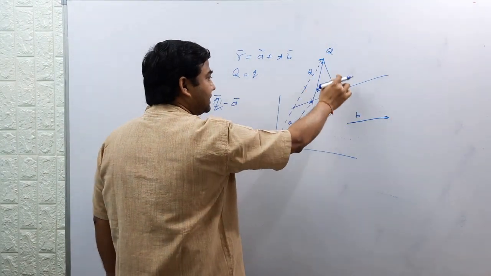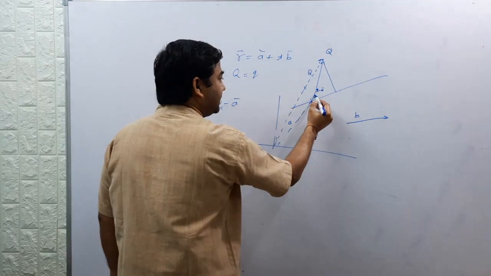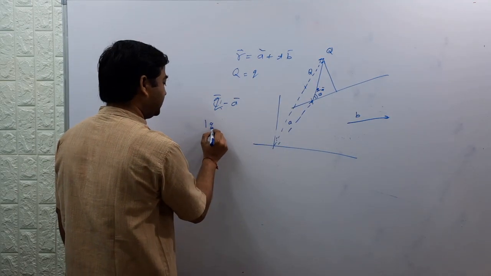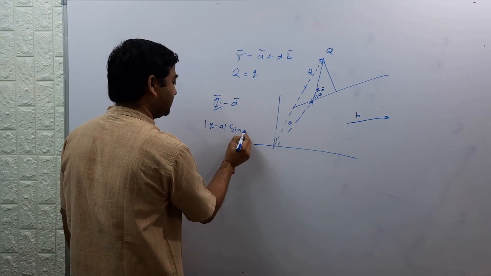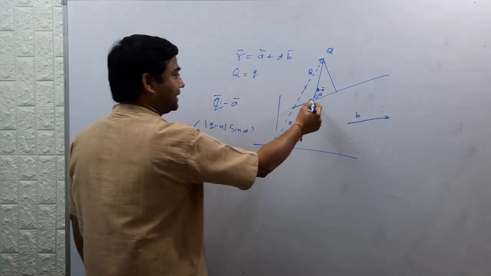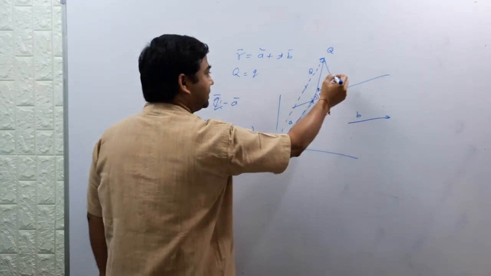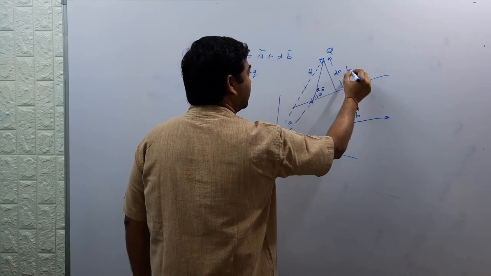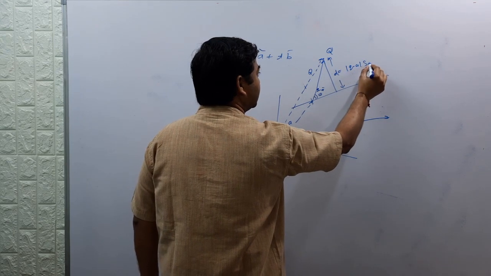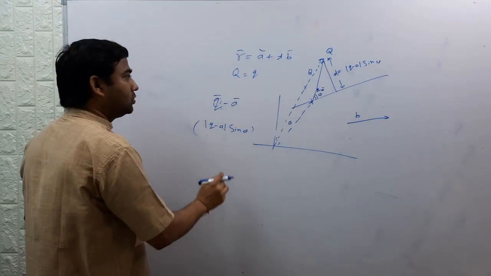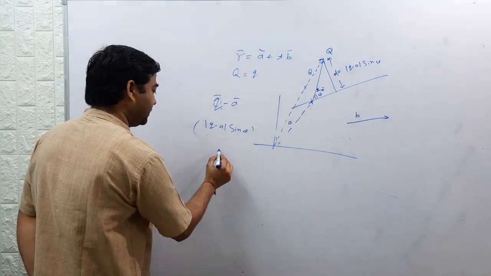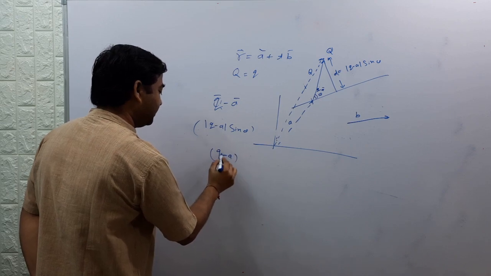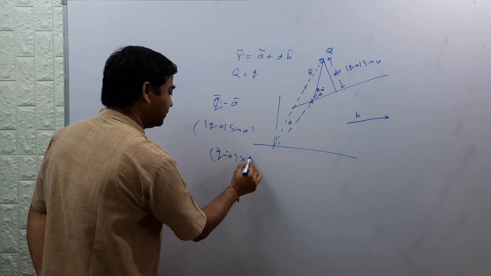So if this is angle theta, then the perpendicular distance is mod of (q minus a) times sin theta. Mod of vector q minus a into sin theta is the perpendicular distance D. You can write it using the cross product of vector q minus a and vector b.